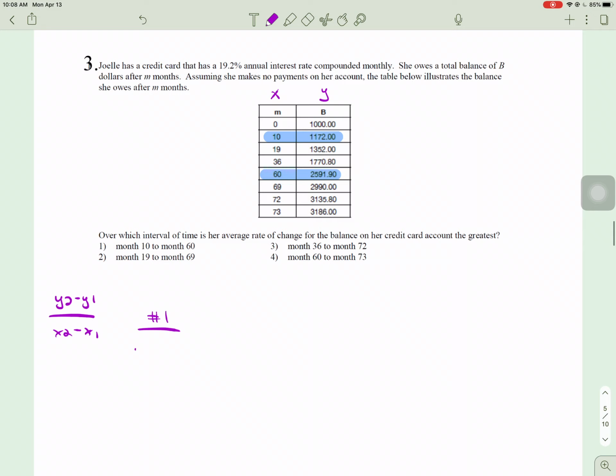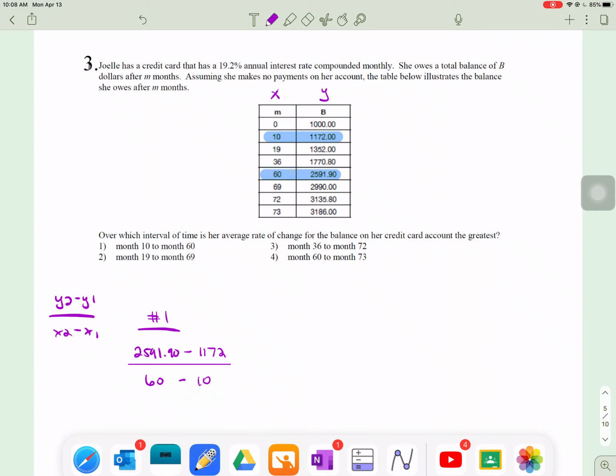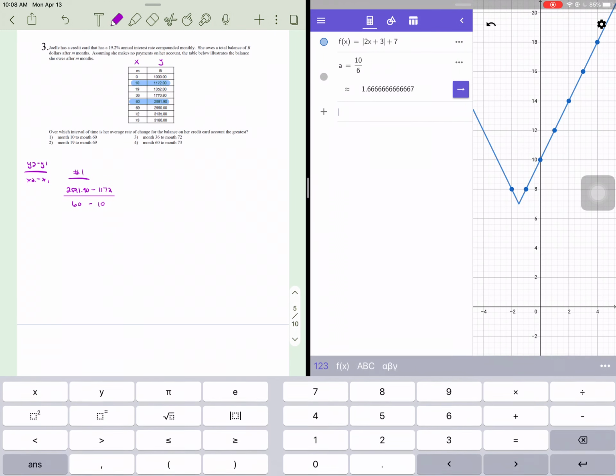Well, you get 2591.90 minus 1172 over 60 minus 10. And we enter that into our calculator, and that will give you the average rate of change between months 60 and 10. Let's see what that comes out to. 2591.90 minus $1,172.